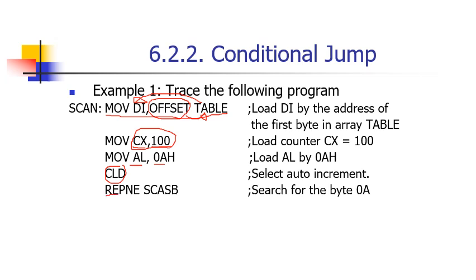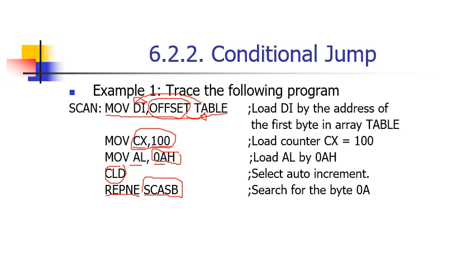Here, what we're trying to do is this. We are going to repeat while not equal. Repeating what? We're scanning these 100 elements. We check every element we read against 0A. So this is scan string byte by byte.